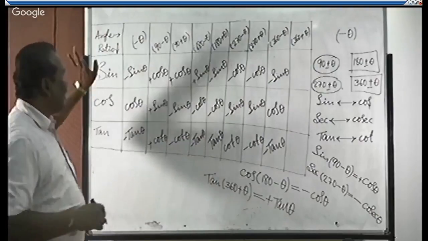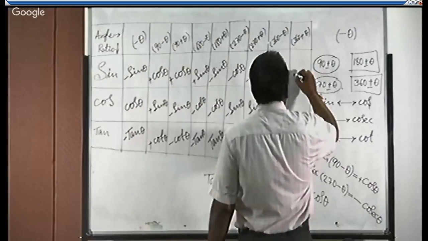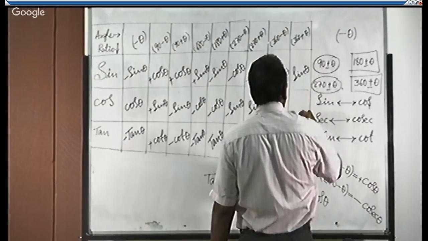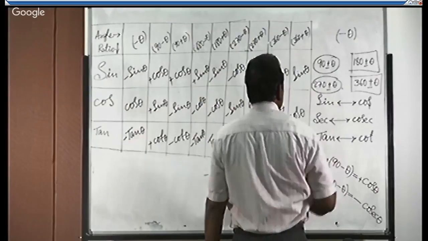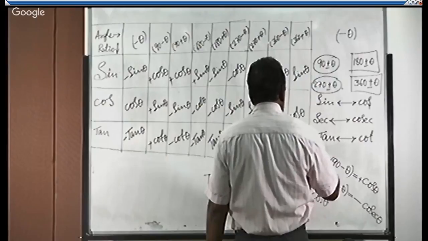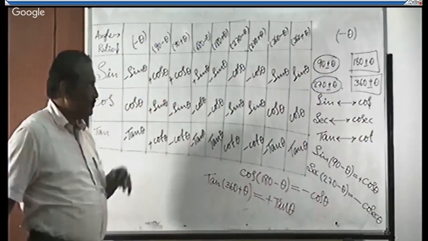So sin of 360 plus theta is simply sin theta, cos of 360 plus theta is simply cos theta, tan of 360 plus theta is simply tan theta.